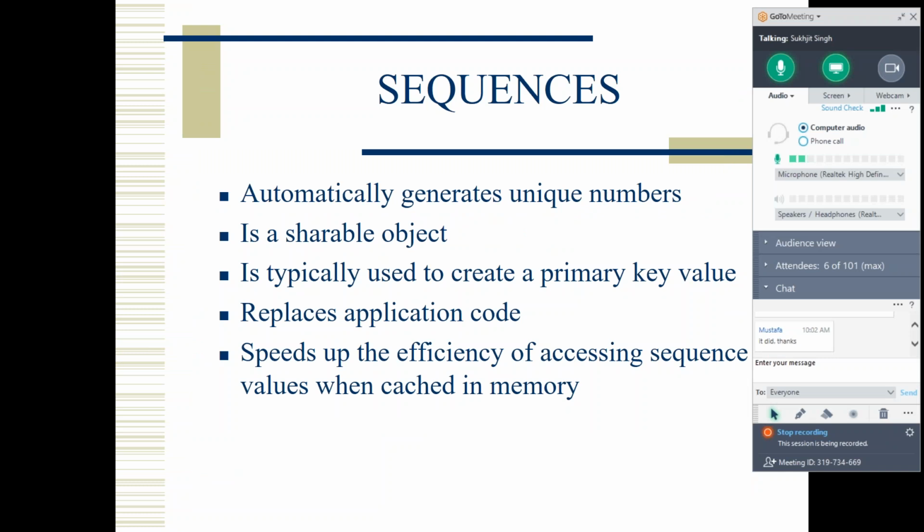So we need to talk about sequences. So far we have talked about creating a table in different ways. We've talked about columns that can be associated with create table and how to create constraints with the create table clause. Now we can focus on sequences.